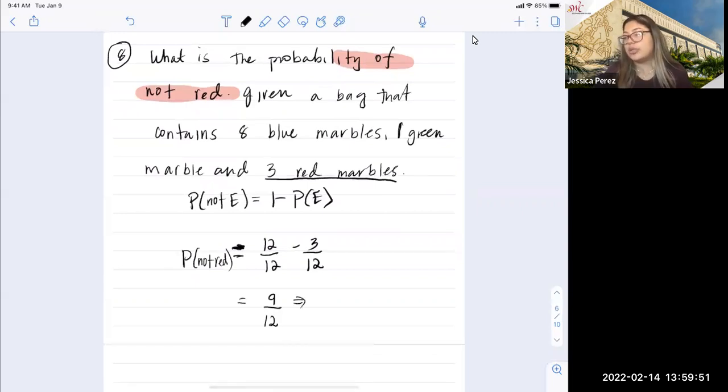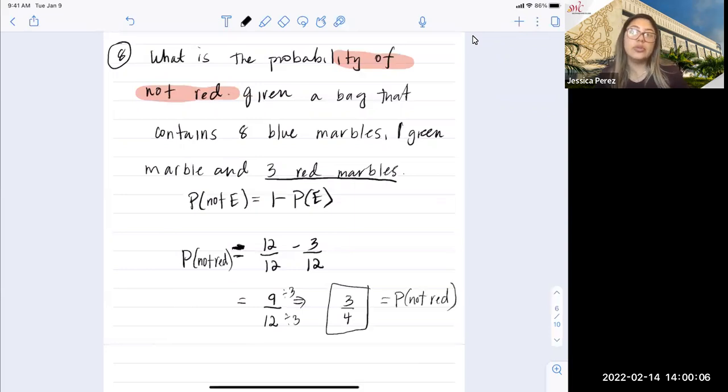But again, we want to reduce. They're both divisible by 3, so we get 3 out of 4. This is the probability of not red. We do 1 minus the probability of the event. This is the formula that you should also have in mind.